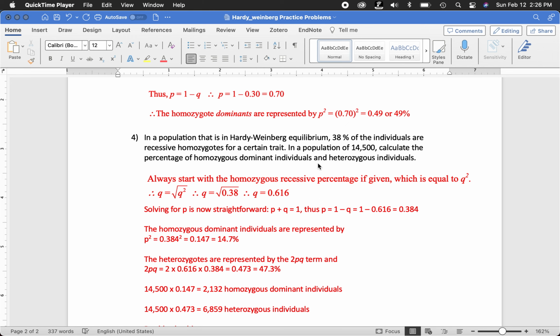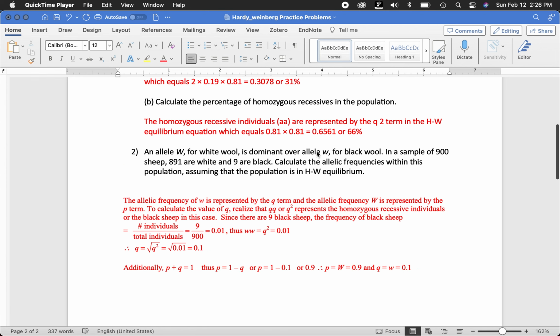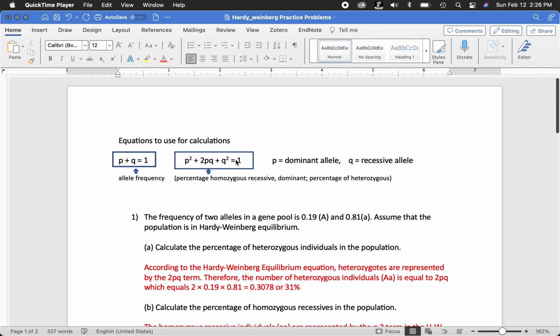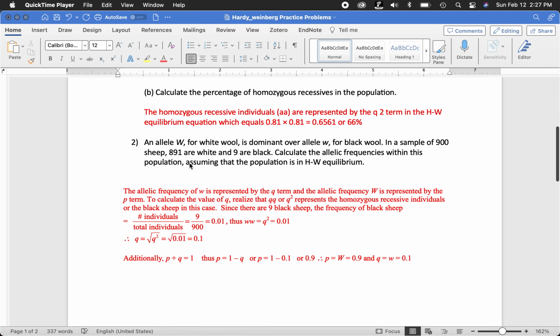So in this case, you are given the number for homozygous recessive percentage. And we know that because of the Hardy-Weinberg equation, we'll go back up here, that it is q squared, right? So q is recessive. q squared is going to be the percentage of recessive individuals, genotype, homozygous recessive. This is the percentage of homozygous dominant, genotype.